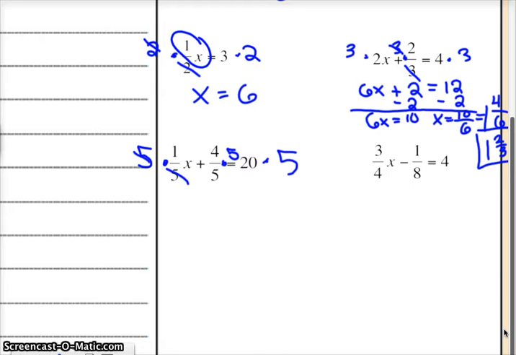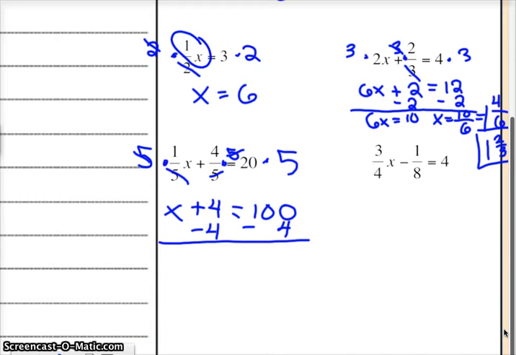I'm left with 1x, which is just x. The 5s cancel out on that next fraction. I'm left with the 4, so plus 4. 5 times 2 is 10. Add the 1, 0. Subtract by 4. X equals 96.